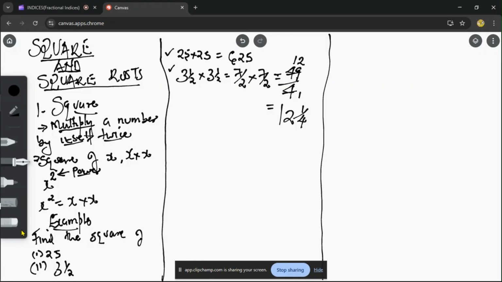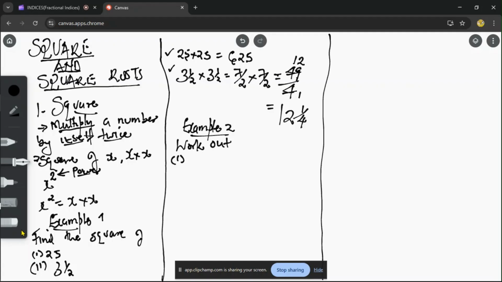Sometimes, if I call this example 1, you can also be told to work out example 2. Let me write this one here. Example 2, maybe the instruction here is work out.